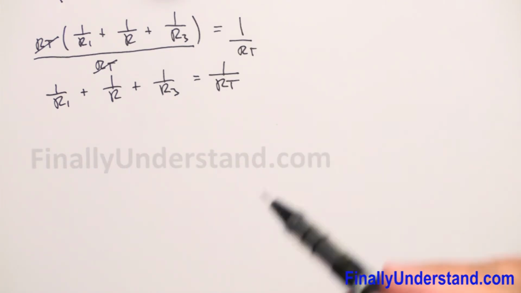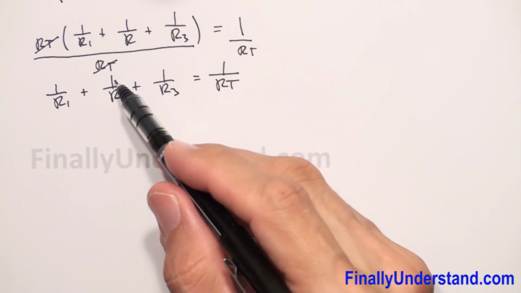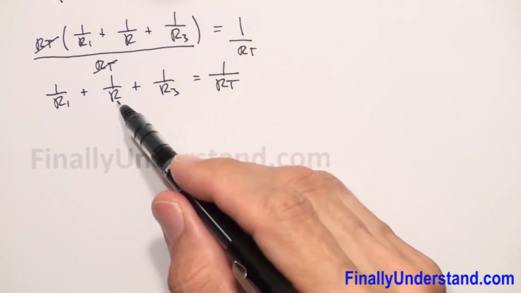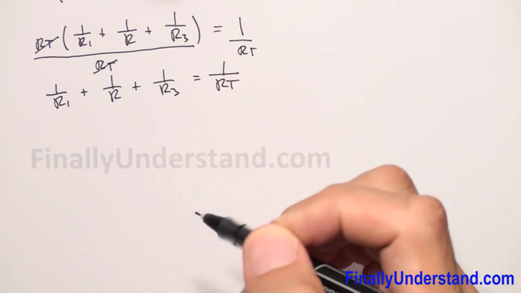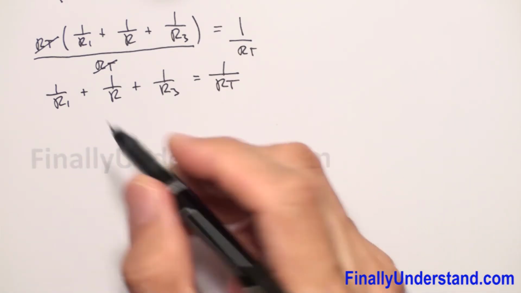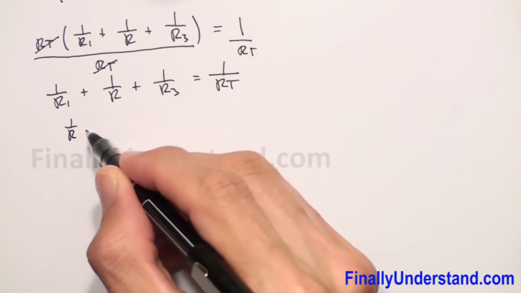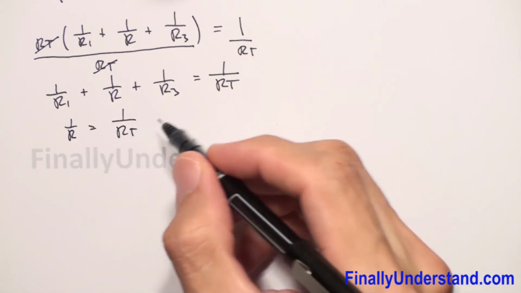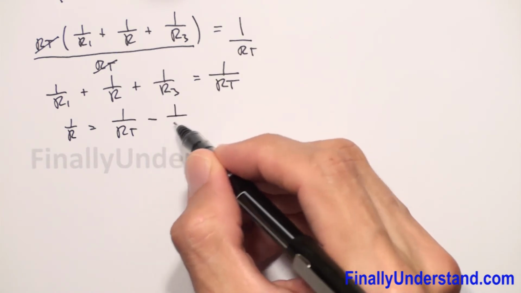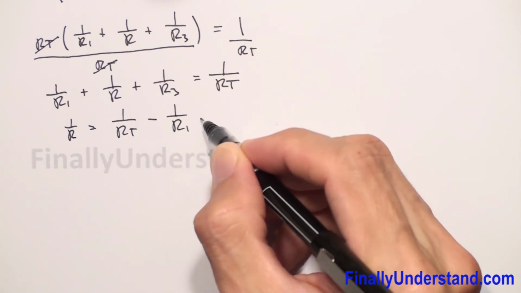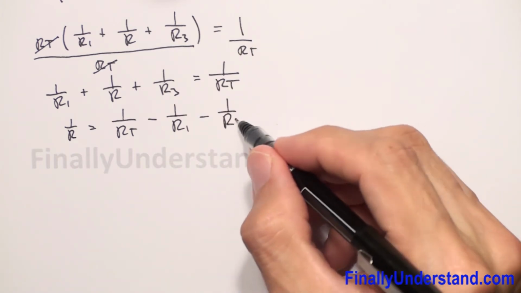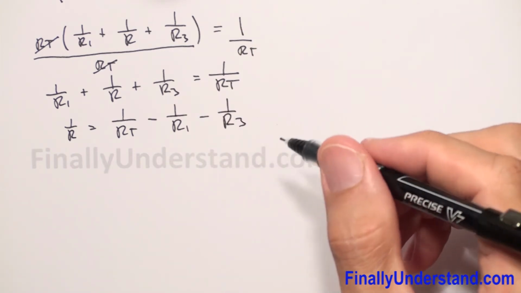So next, I'm supposed to keep 1 over R on the left side and everything without R move to the right side. So what I would have 1 over R is equal 1 over RT minus 1 over R1 minus 1 over R3.